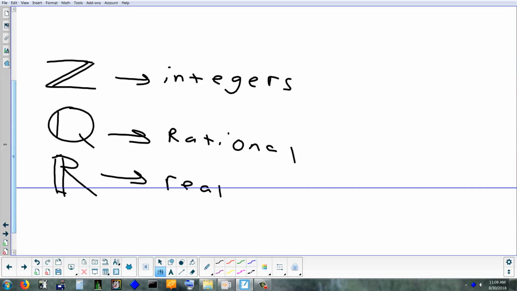Any thoughts where a Q would come from for rational numbers? Anybody think of a word that begins with Q that has something to do with rationals? Yeah? Quotient. So that's my best guess, maybe where the Q comes from. And then the Z for integers. I have no idea. But they use it.